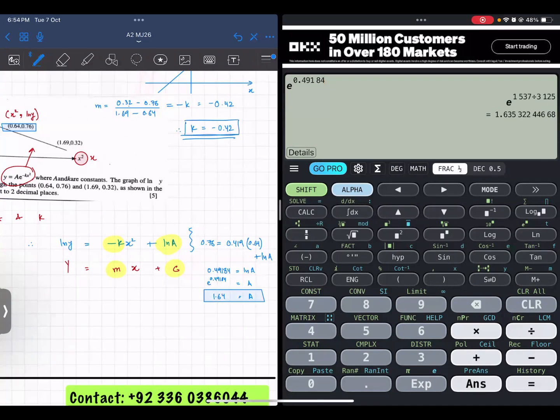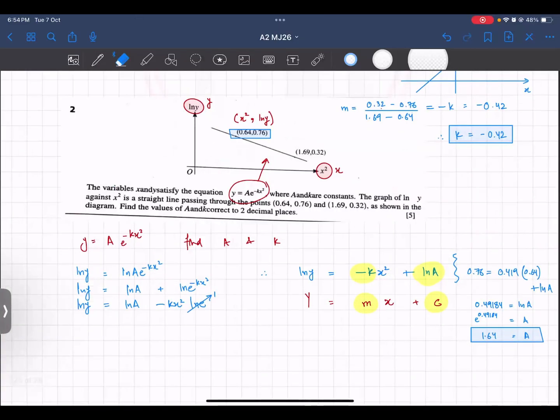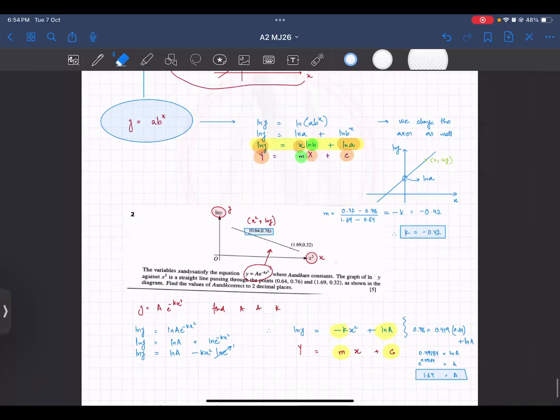This is how your questions will be. So you changed a non-linear into a linear format, and then you compared, and you found that the gradient is equal to minus k, and your y-intercept is ln a, and then you found your values of a and k. This is a very typical question. If you have any questions, ask. This is something very unique.